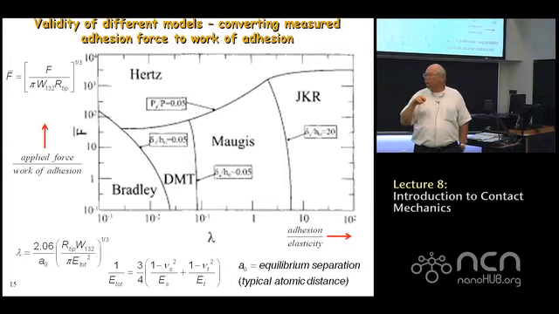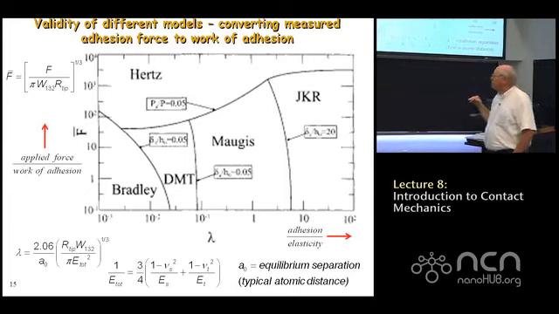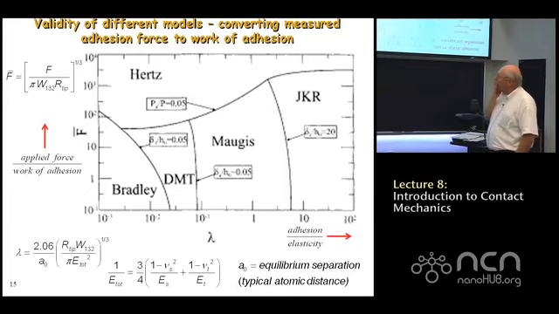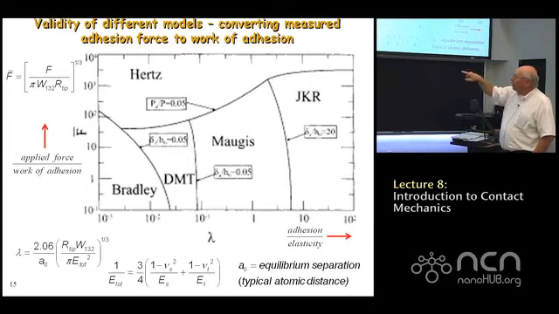Okay? So again, this is a complicated graph, but it shows how the different models interlay with respect to one another with regard to this parameter lambda. And again, this parameter lambda is roughly a measure of the ratio of adhesion to elasticity, right? So that's plotted on the x-axis.